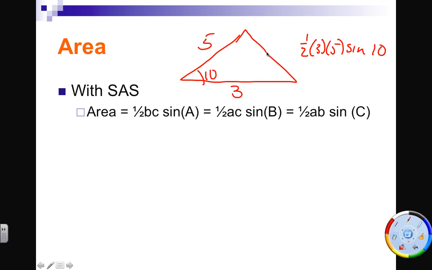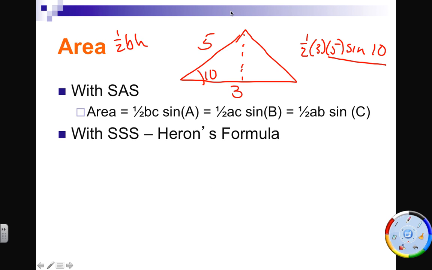And that should actually kind of make sense, because we can find the height of the triangle using b sine of A, and the height of the triangle is actually ends up being 5 sine of 10 times 1/2 times the length of the base. So it's just our basic 1/2 BH formula, just looking at it in trig form rather than needing to find the height. But the next formula is super cool.